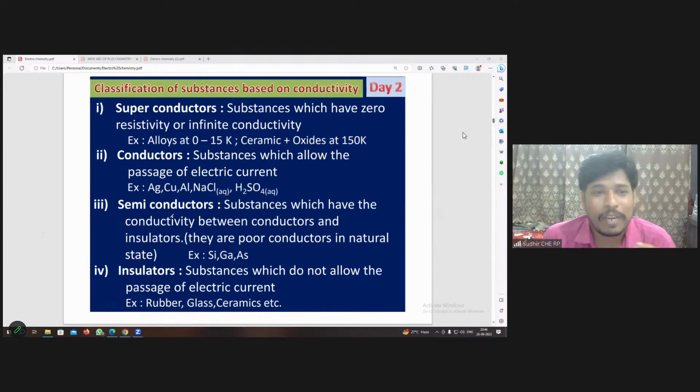When I tell you superconductors, I said they show infinite conductivity and zero resistivity. That is fine. As per physics also, we can understand simply, because conductivity is inversely proportional to resistivity. Whenever resistivity increases, conductivity decreases, and when resistivity decreases, conductivity increases. But here, I said one condition when discussing the superconduction property.